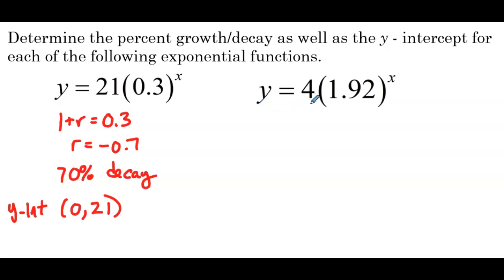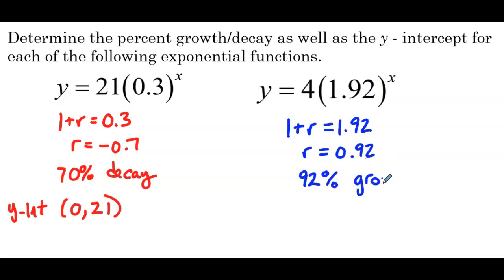Then we have y equals 4 times 1.92 to the x. So the base of our exponential function is equal to 1 plus r. We subtract 1 from both sides, so r equals 0.92. So r is positive, so we have exponential growth. Again, we can see that in the original function. 0.92 as a percentage is 92% growth.